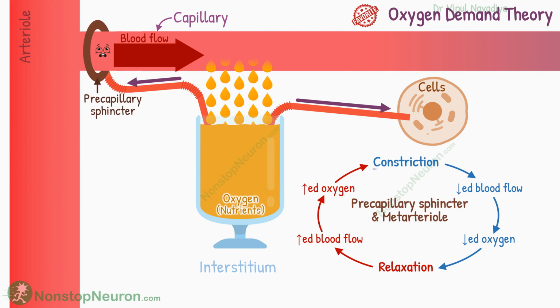This cyclic motion of constriction and relaxation is called vasomotion. If metabolic demand increases, the open phase lasts longer because the oxygen level tends to be less during this.